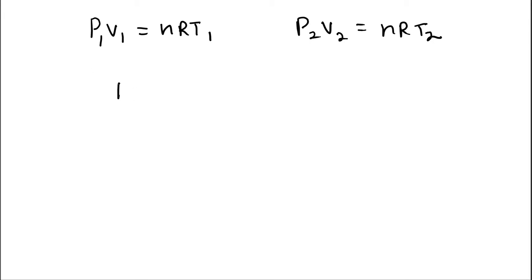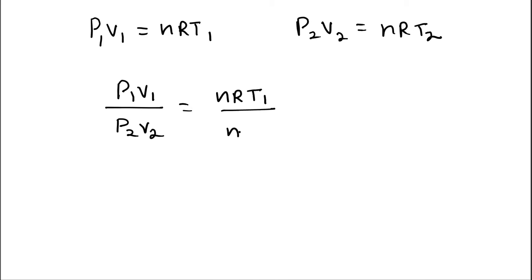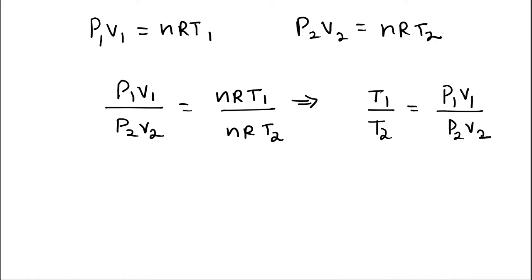Then P1 V1 over P2 V2 is equal to nRT1 over nRT2. So that gives us T1 over T2 equal to P1 V1 over P2 V2.